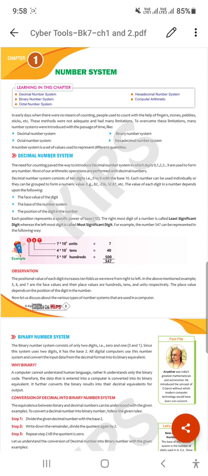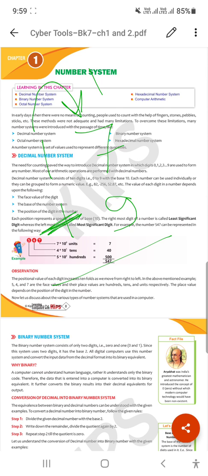During subtraction, suppose 7 is here and 9 is here. 7 minus 9: 9 is greater than 7, so we take a borrow in decimal, and we take 10 as the borrow. Then it becomes 17. Now 17 minus 9 is 8, right?